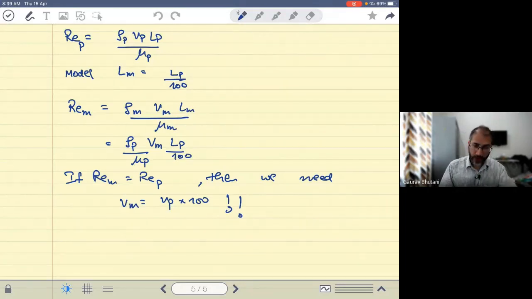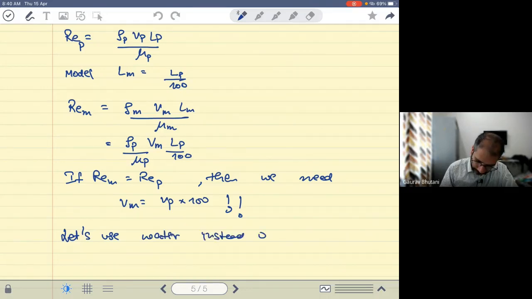Okay. So what other fluid can we try? We can try water. So let's try water. So density of the model. We are using water in the model, and the density of water is 1000 times the density of air.